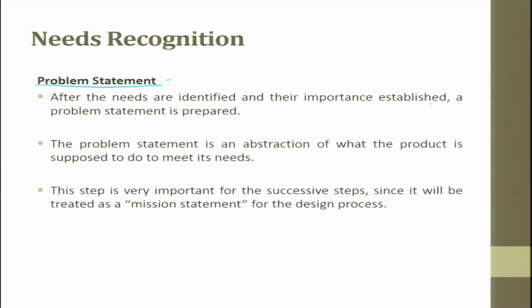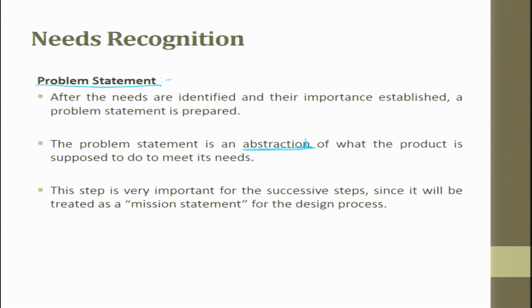After the needs are identified and their importance established, a problem statement is prepared. The problem statement is an abstraction of what the product is supposed to do to meet its need. It is an abstract thought. You cannot nail it by saying that the temperature of the human body should be maintained at 27 degrees, or that the cold drink has to be around minus 2 degrees or it can be 12 degrees.